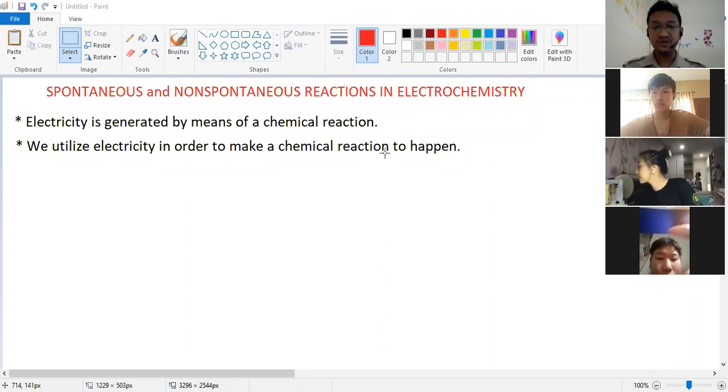Now, the second concern is that we utilize electricity in order to make a chemical reaction happen. There's no chemical reaction this time, but we will employ electricity so that a chemical reaction will happen.